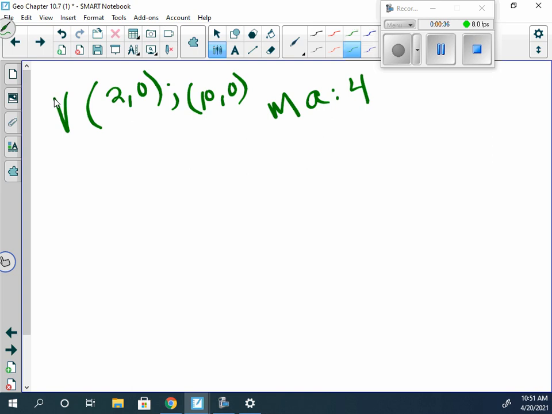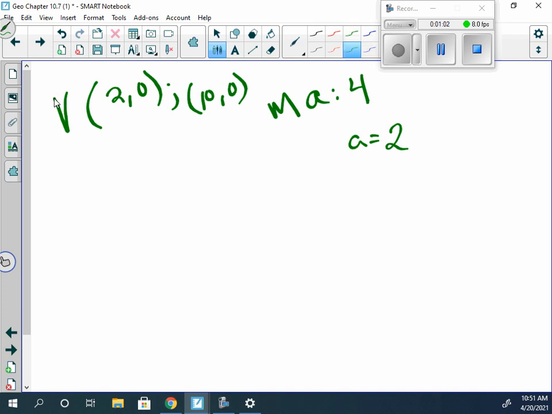So the major axis length tells me A is 2. So we do have that.